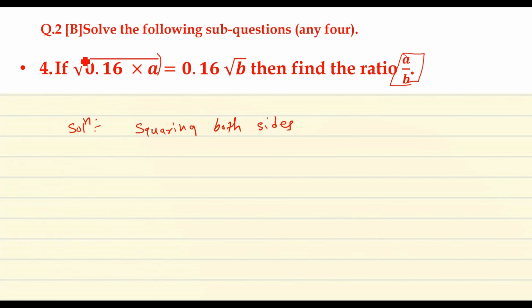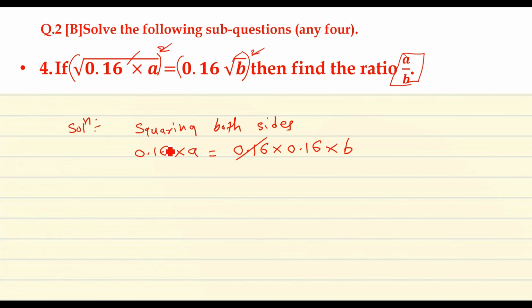As I square it on both the sides, the square root and square get cancelled, and I get here 0.16 multiplied by A, and here 0.16 square means 0.16 multiplied by 0.16, because it's a square, you have to multiply the same number by itself, and the square root gets cancelled, so I'll get B here.